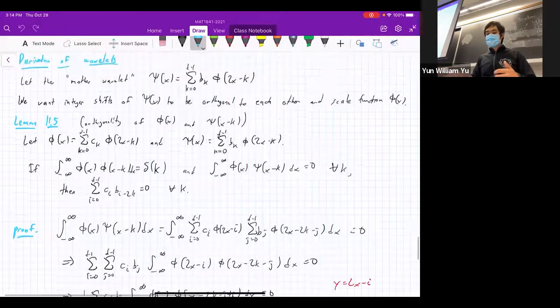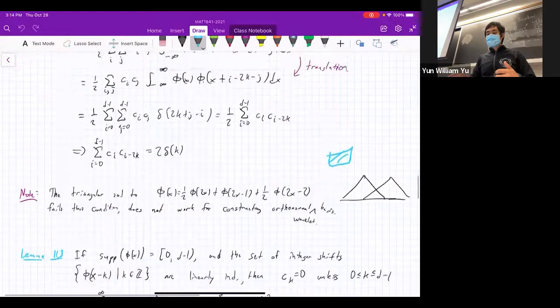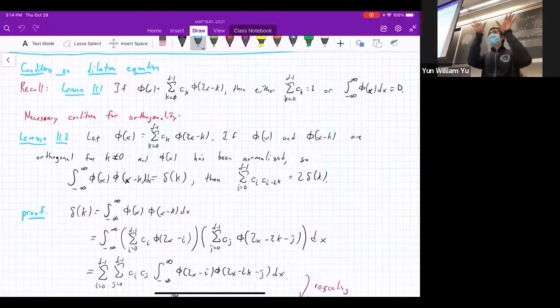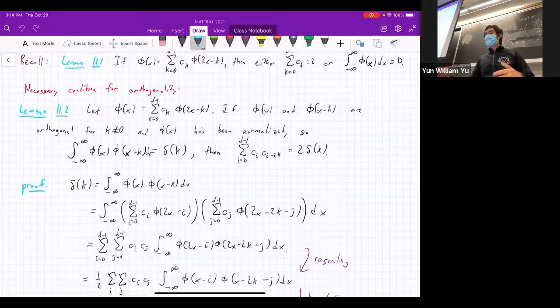This is similar in some ways to the conditions on the scale function itself being orthogonal to shifted copies of itself, except in that case it was equal to 0 unless they aligned with each other. But in this case, even if they are aligned, you want them to still be orthogonal because they are different, the scale function versus the wavelet.